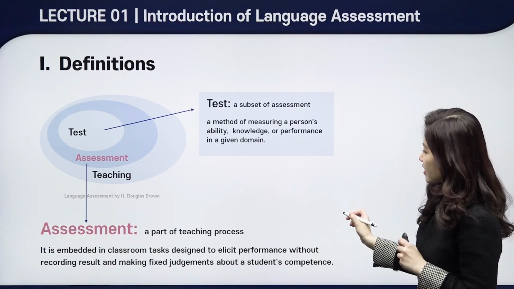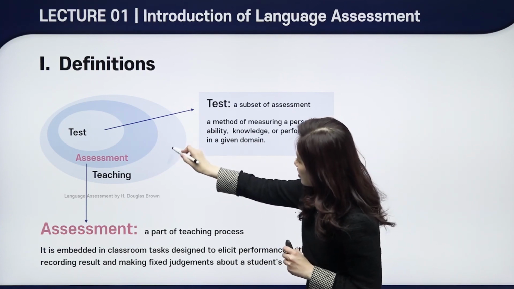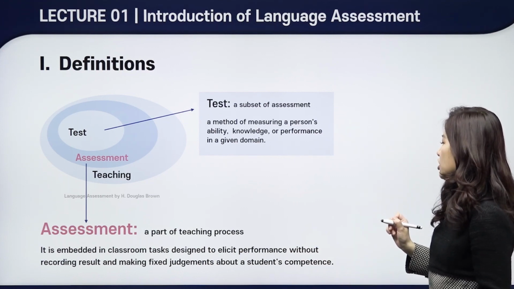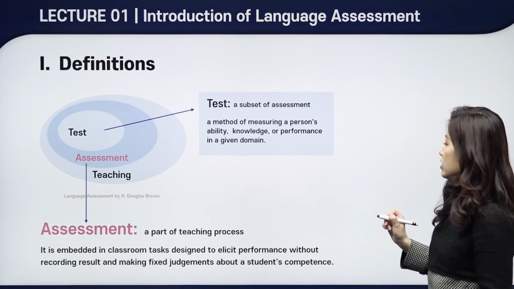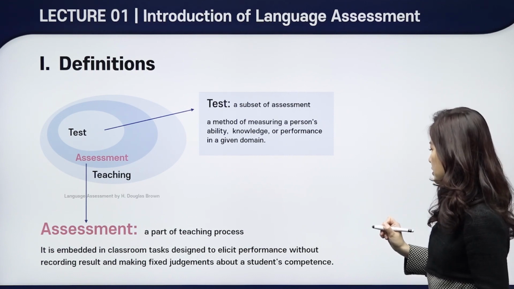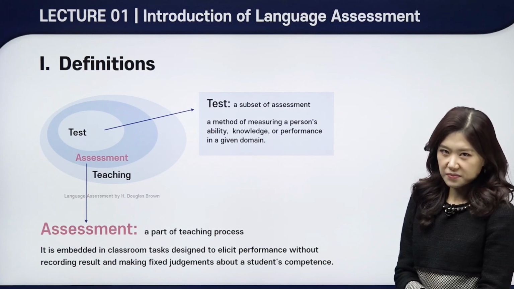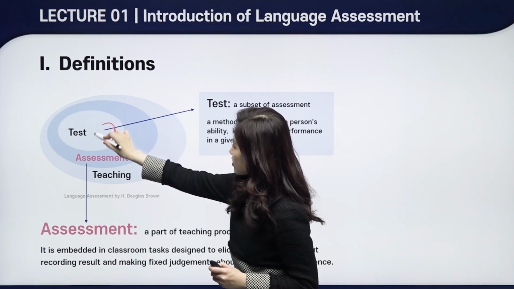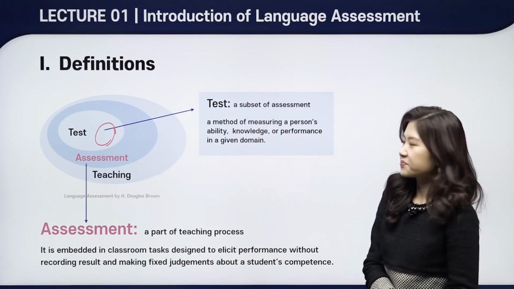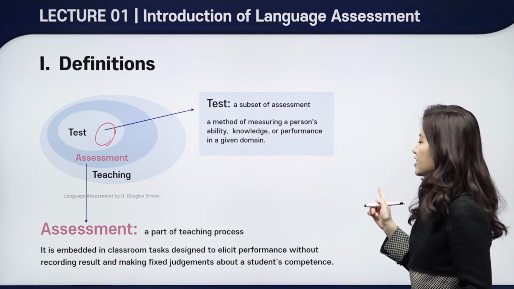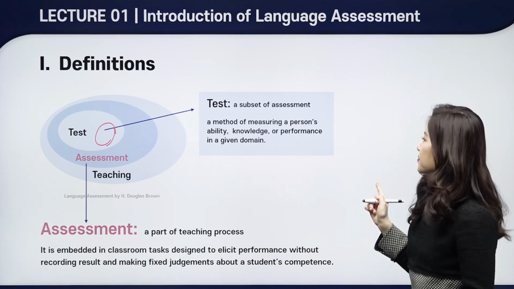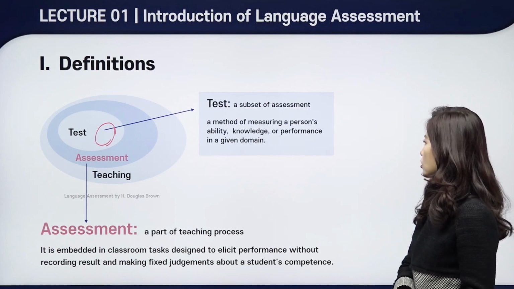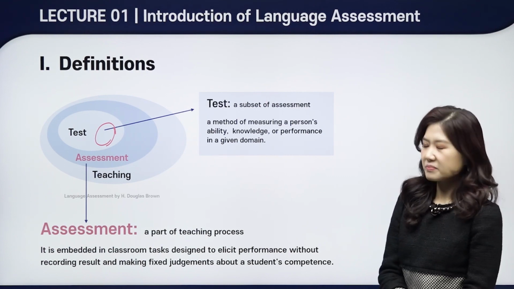So assessment, as you can see, is a part of teaching, and it's embedded in classroom tasks that are designed to elicit performance without recording results and making fixed judgments about a student's performance. And within assessment, there is another smaller circle here called test. A test is a subset of assessment. It's a method of measuring a person's ability, knowledge, or performance in a given domain.